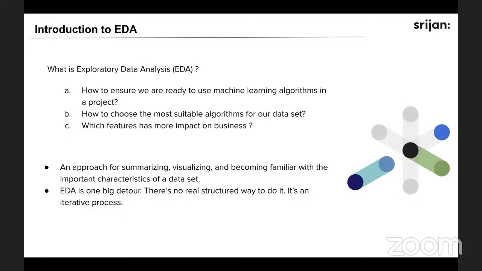Another important thing: if you work as a data scientist, most of the time you will face these challenges. You will be asked by your manager what sort of features have a great impact on the business. Let's say you are working as a data scientist in a credit card company, and your manager asks, tell me what sort of features are contributing more to fraud detection.